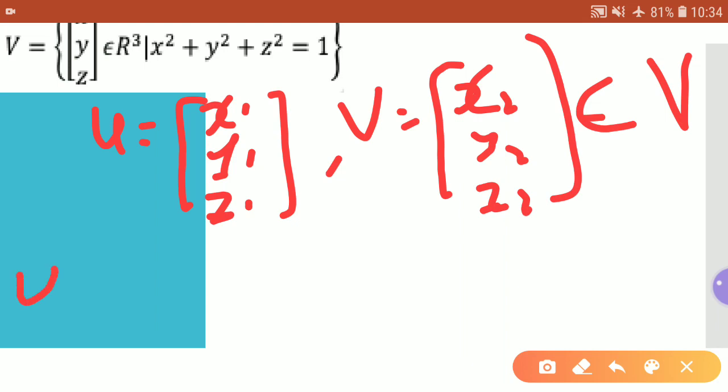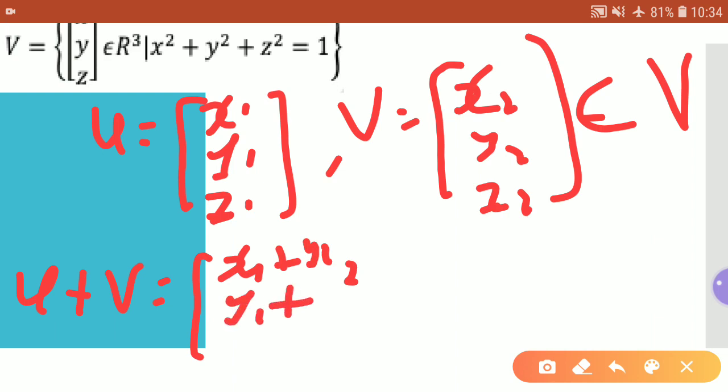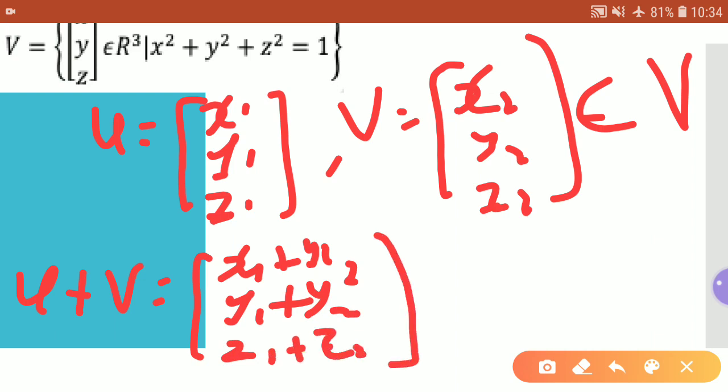So the addition will be u plus v equal to, column wise addition, x1 plus x2, y1 plus y2, and z1 plus z2. Now for this to be a member of the set V, we must have the sum of the squares of every element equal to 1.